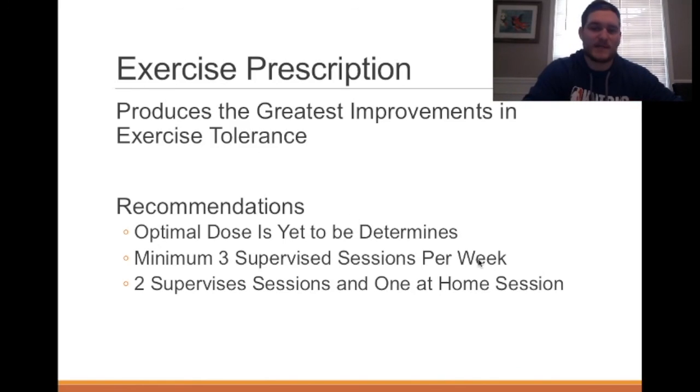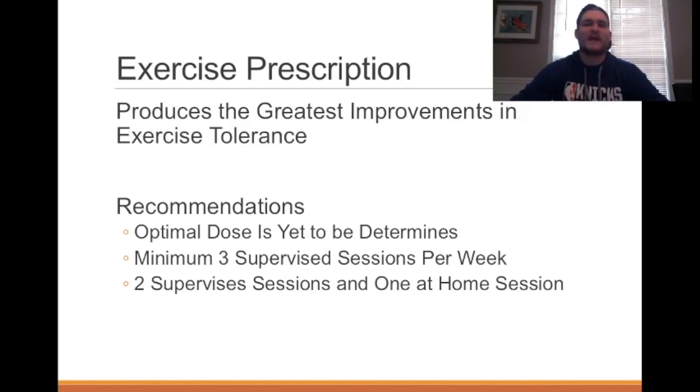Minimum 3 supervised sessions per week, because again, this person is dealing with physiological changes that most normal people aren't. And so exercise runs a higher risk of something happening. So some sort of episode happening, especially if the intensity of this exercise is too great and the person cannot handle it, well then, you run the risk of maybe someone feeling dizzy or passing out or something along those lines.